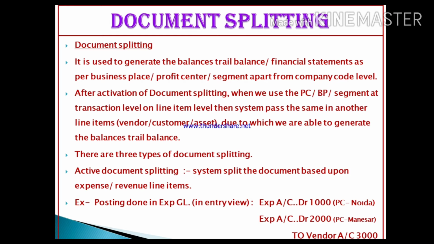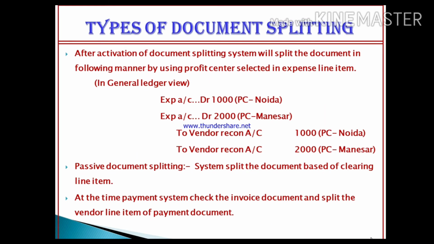So this is the entry where your expense account is debited and your profit center is Noida, and another expense account is debited with amount 2000 rupees with the Manesar profit center, and your vendor account is 3000 rupees. Now, after activation of document splitting, what happens?